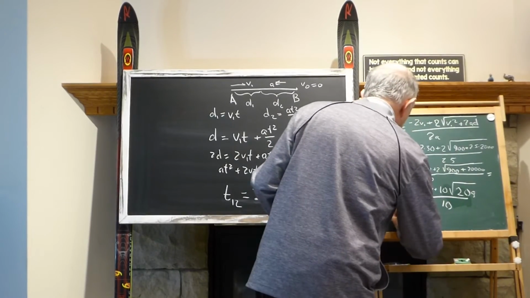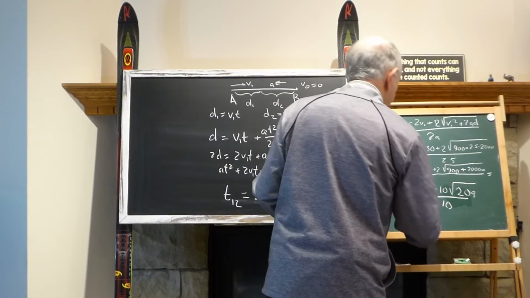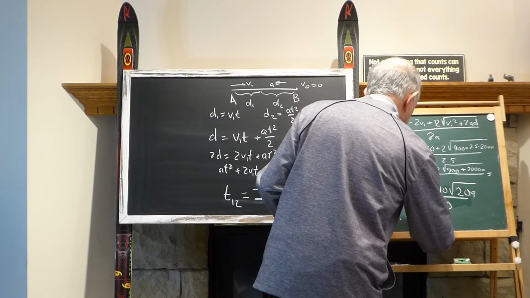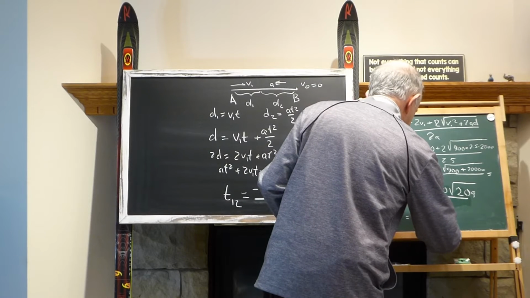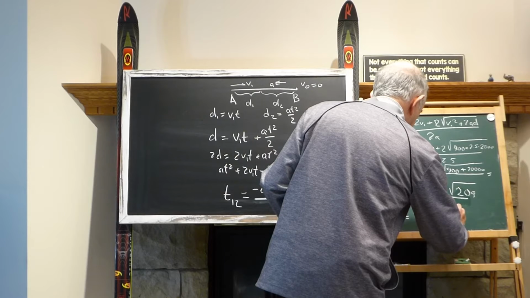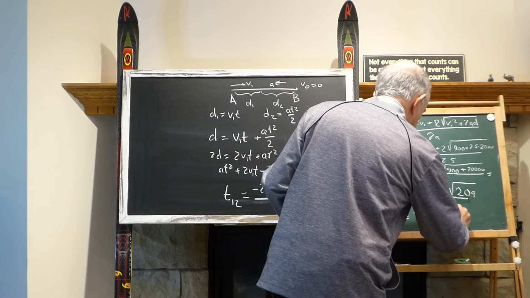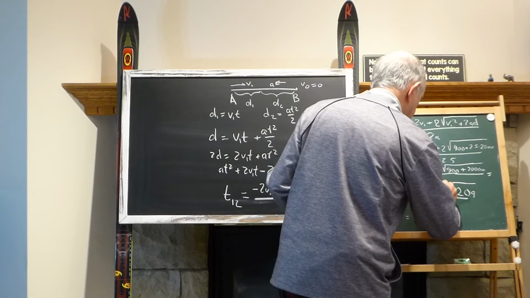So t1 would be minus 60 plus 10 multiplied by 14 and a half. Oh, here I forgot to multiply by 2.